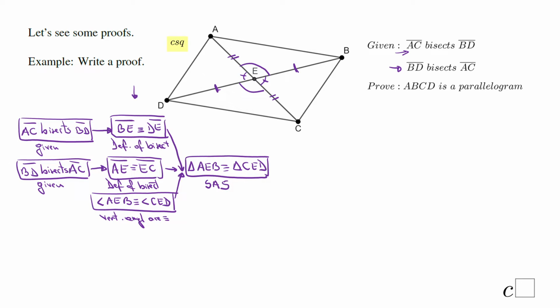And we have side, angle, side. Now, based on the fact that these two triangles are congruent, I can write two statements. One is that AB and DC are congruent.